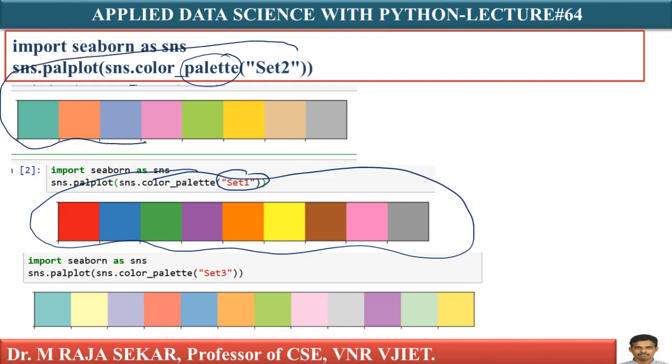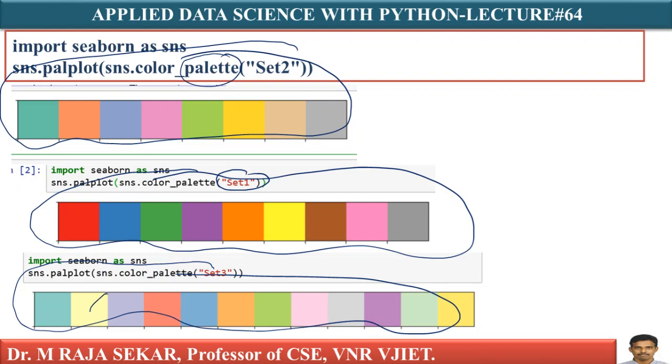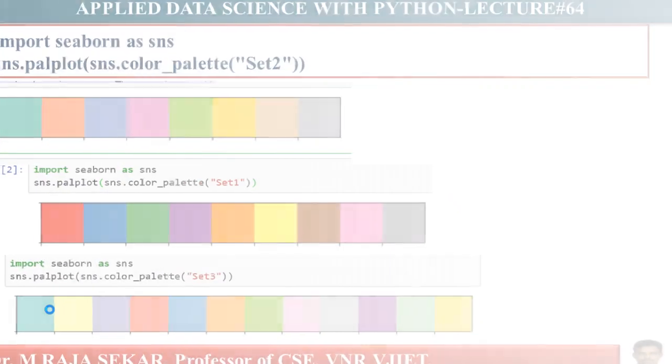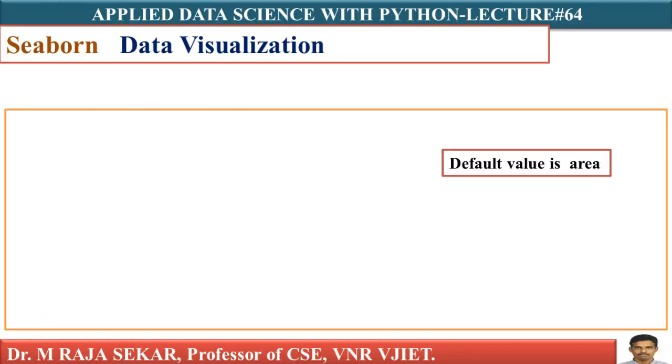Set2 means this is the palette, and these are the available colors. By using this palette we can construct a violin plot. There is another possible value of palette, that is set3. These are the possible values for set3. You can make use of these values to construct violin plots as well.